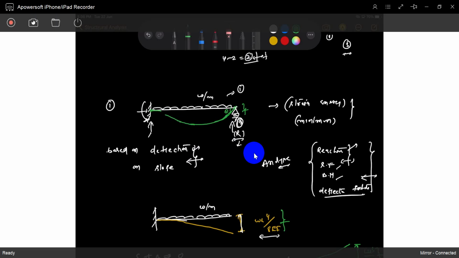It will go upwards and suddenly at this location it will turn. Just at this location it goes like this and I will change it. Change the direction of curvature.